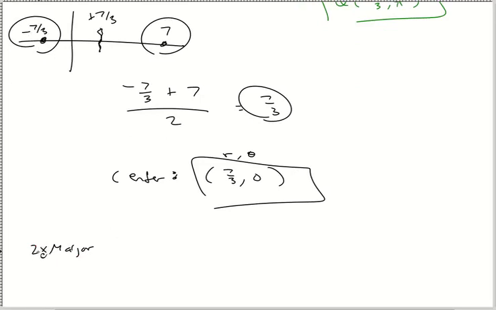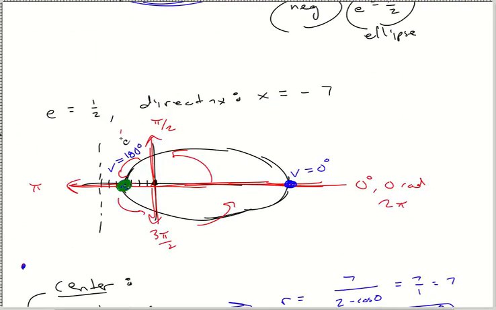And then they finally want the major axes. Again, that's 2 times the major. And the minor axes, 2 times the minor. This is old school stuff. What I actually want to do to find this major in particular, I'm going to use a different color. I'm going to go back, and I want to find the distance from here all the way to here. Because that's what they're really looking for. This is the major axes. Major axis?